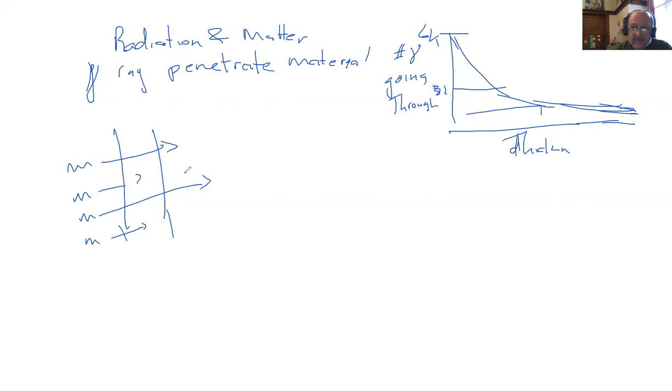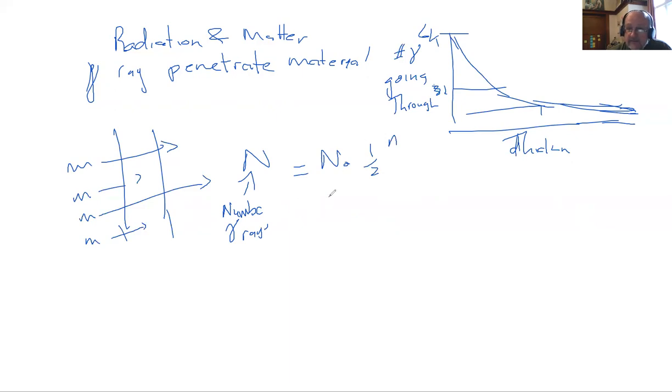So we can say the number of photons, or gamma rays, going through here is equal to the original number times a half to the power of a thickness term.